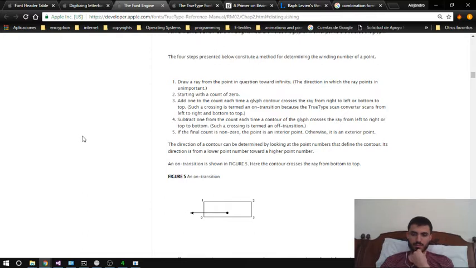Scans from left to right and bottom to top. So it goes this way.